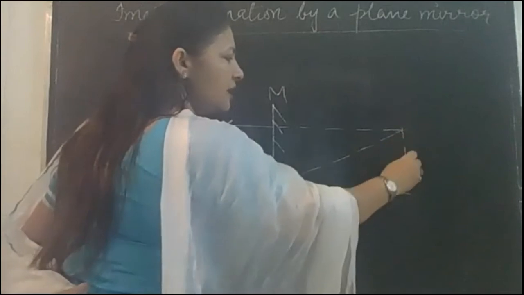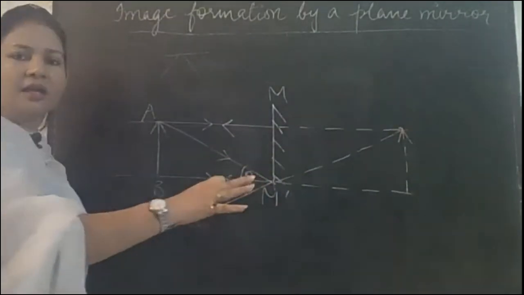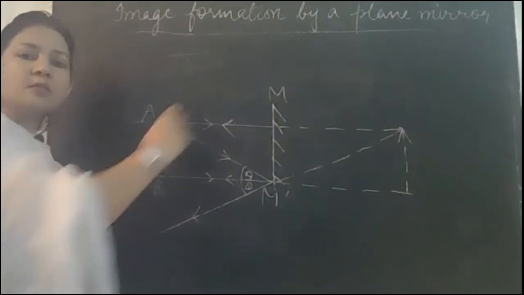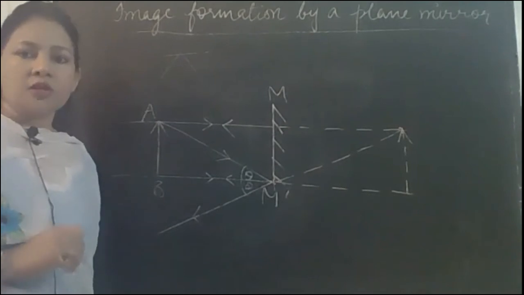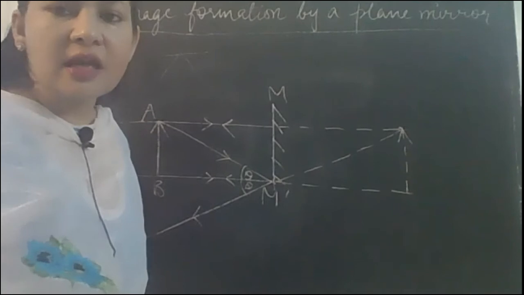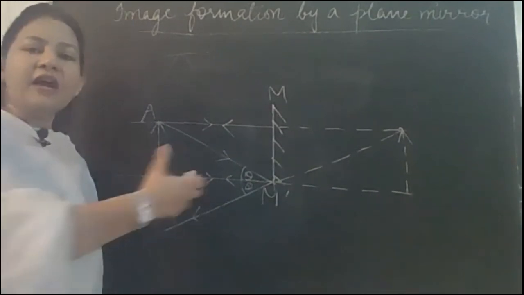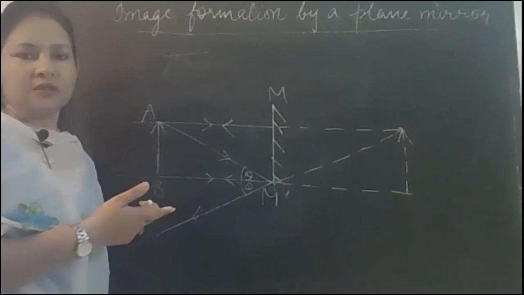That means the image will be formed here. And since they are not actually meeting, they only appear to meet, this image is not real. It is a virtual image. So this is what I mean by real and virtual images. The rays are not actually meeting here. We have produced them backwards, then they are able to meet.